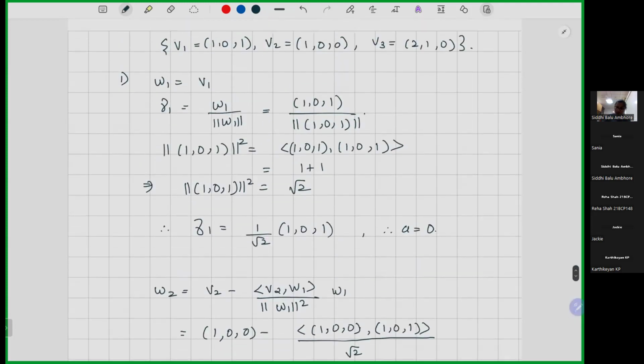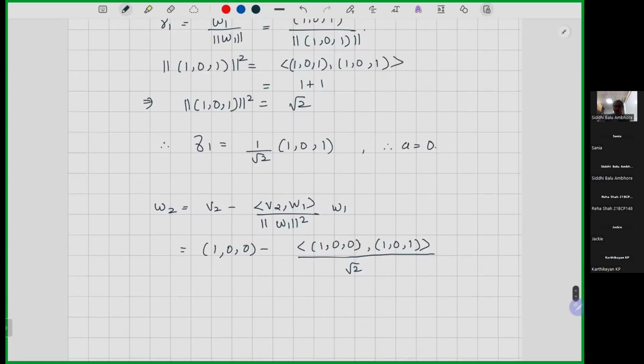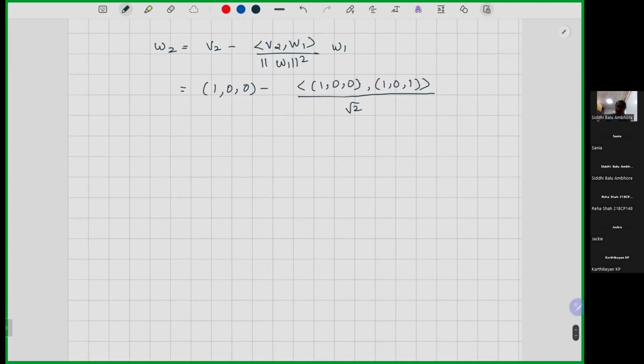So W1 is here. Let me highlight it. W1 is this element, which is (1, 0, 1) in this case, and then we are taking the orthonormal, which is gamma 1. So norm of W1 is still this, and W1 is still (1, 0, 1).